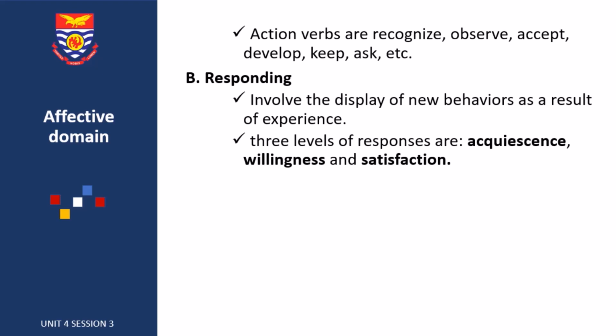Acquiescence means that the student does what is assigned or required. Willingness means that the student does science study above and beyond requirements. Satisfaction, on the other hand, implies that the student studies science for pleasure and enjoyment.